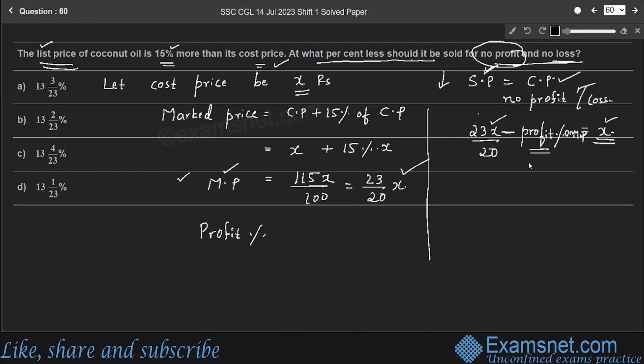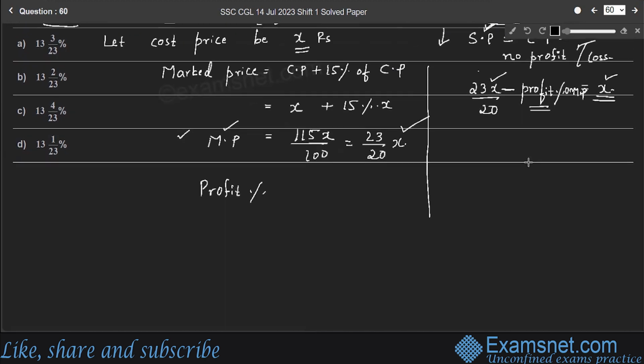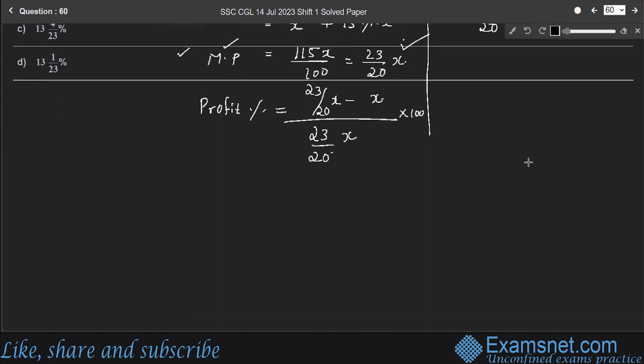So for that, we need the profit percentage first. The profit percentage when the market price is 23x by 20 and the cost price is x rupees. Directly you can go for the concept. When 23 by 20 x is the market price, the profit was 23 by 20 x minus x, the cost price. Therefore, for 100, it's a general concept.